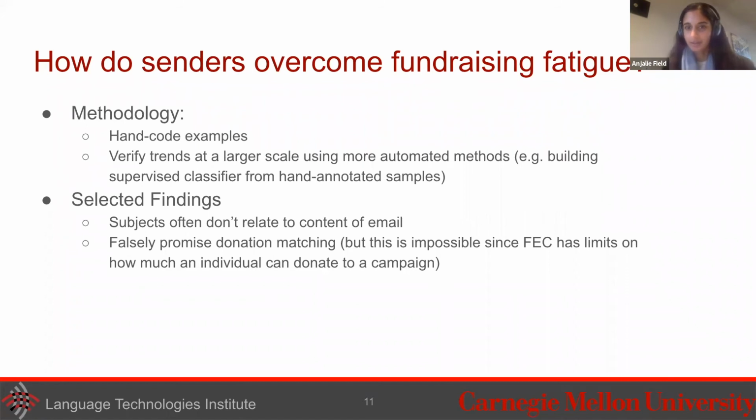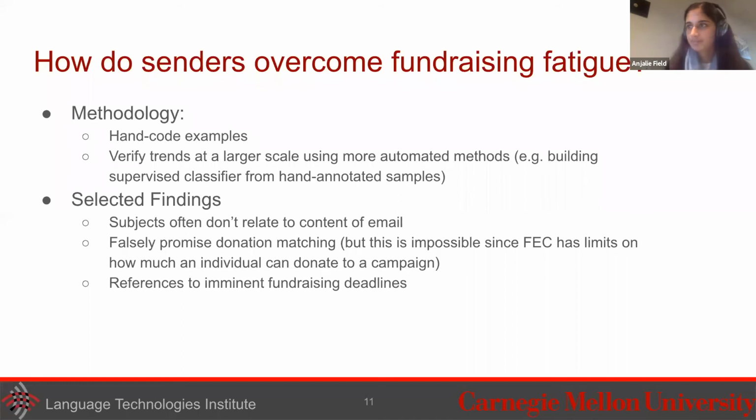So you're doubling the impact of your donation because someone's matching it. This actually is basically impossible in political campaigns because there are set limits on how much an individual is allowed to donate to a campaign. So pretty much anytime one of these calls for political donations says that they're doing matching, it's probably just straight up false. So that's interesting that they find this in these emails, that there are some things that are probably overtly false claims.